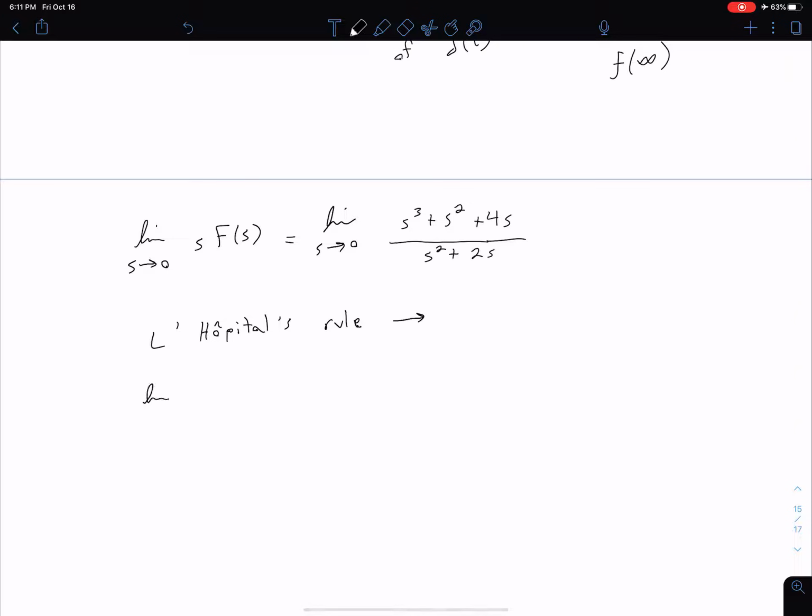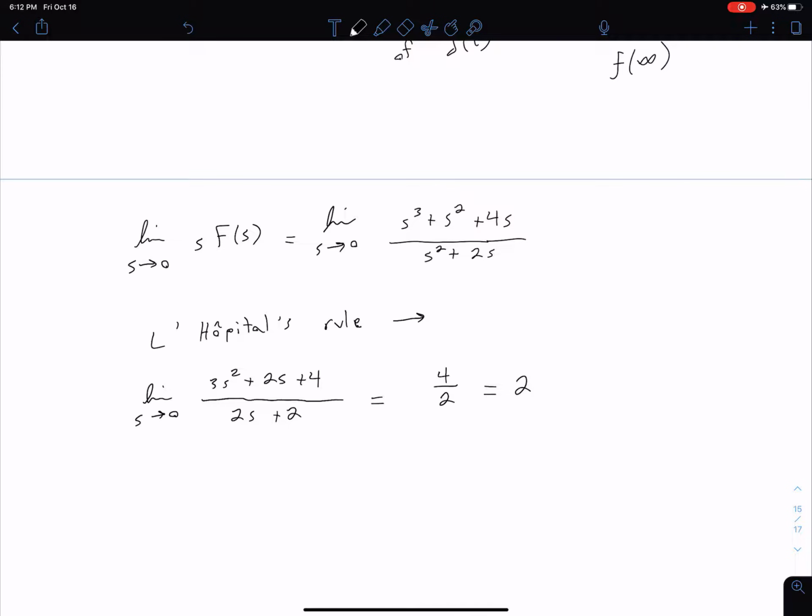So we can say the limit as s goes to 0, and taking the derivative of the numerator, we have 3s squared plus 2s plus 4, and taking the derivative of the denominator, we have 2s plus 2. Now, as we take the limit, all the terms with s's will go away, and we're left with just 4 over 2, which is of course equal to 2.